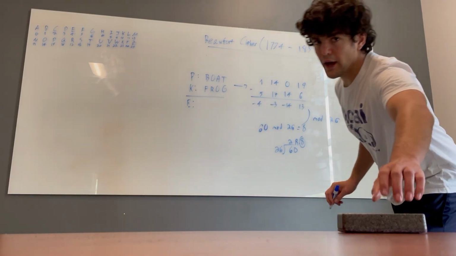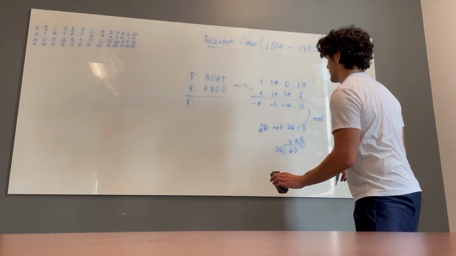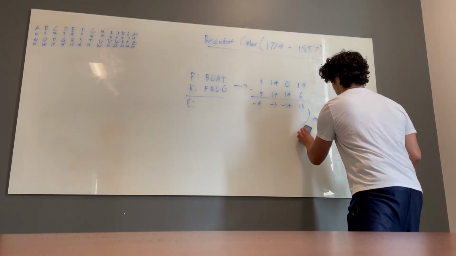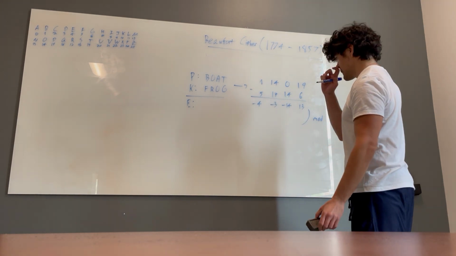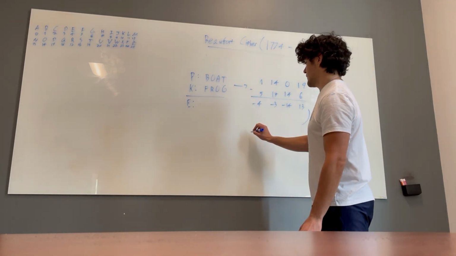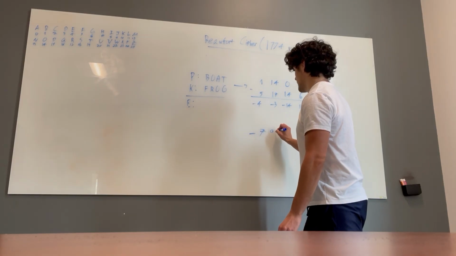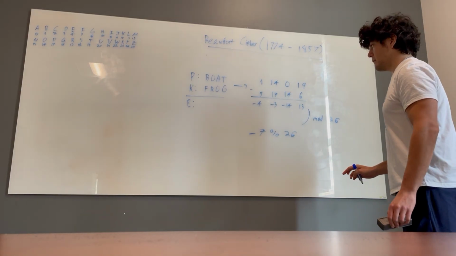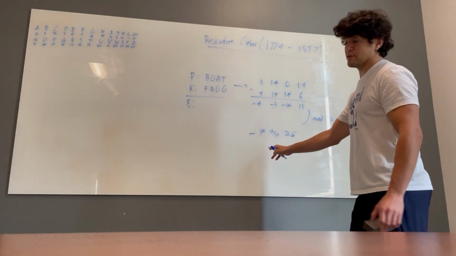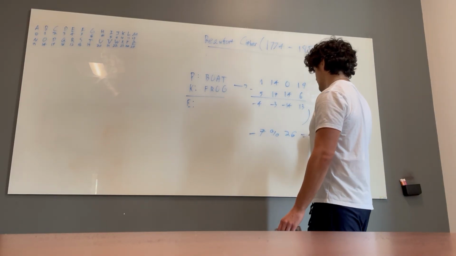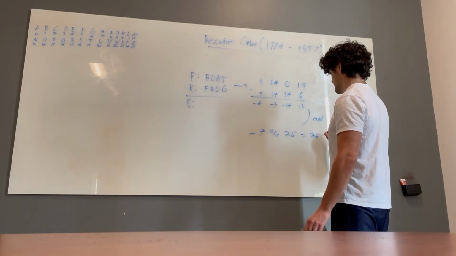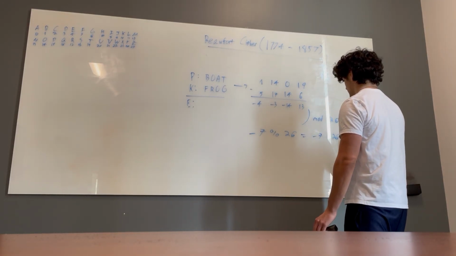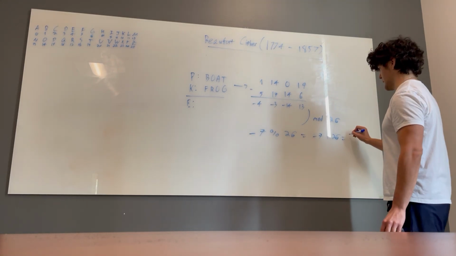Now the tricky part with modding is how we deal with negative numbers. If I have -7 mod 26, I just add 26, so -7 plus 26 is equal to 19.